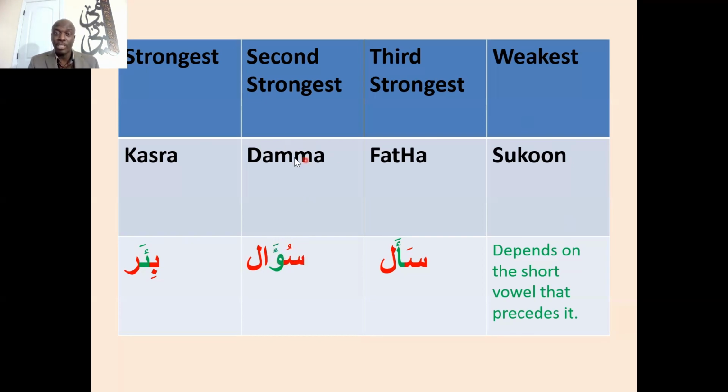And we say that the dhamma is stronger than the fatha, because the dhamma is the second strongest, which means the fatha is weaker than the dhamma. So the dhamma dictates the proper seeding, and the dhamma brings us the waw as a seed for the hamza.